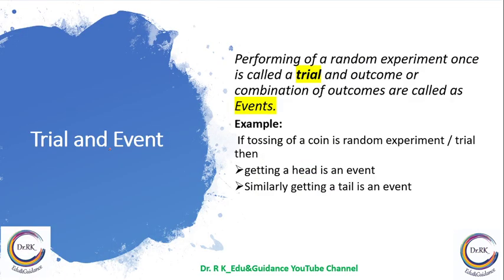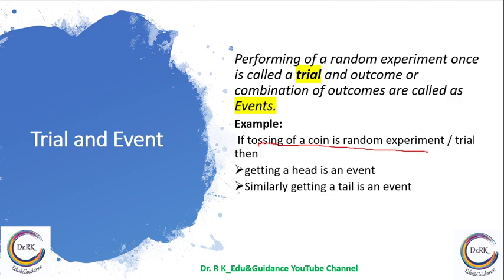Next, trial or event. Now by this time we understand tossing of a coin is a random experiment, or an experiment. It is nothing but a trial, what we can call. If we toss a coin, as discussed, we may get either a head or a tail.